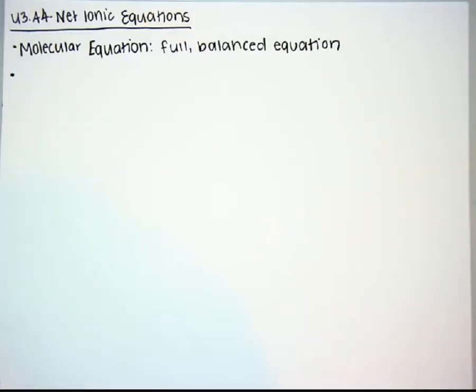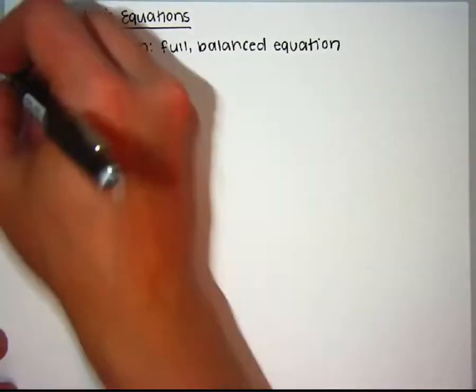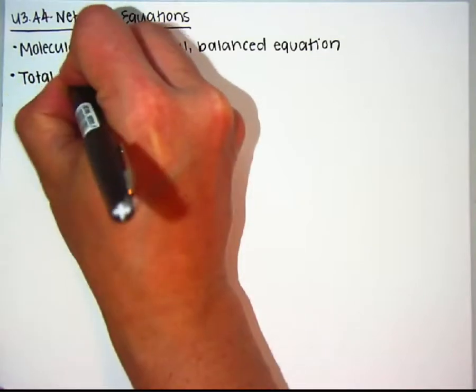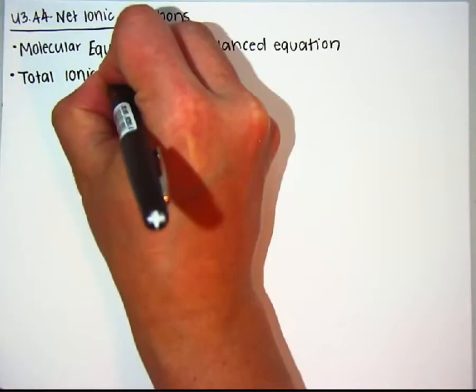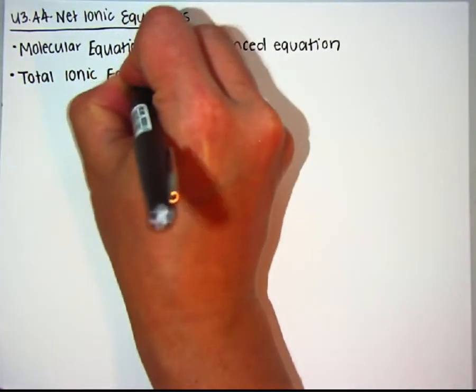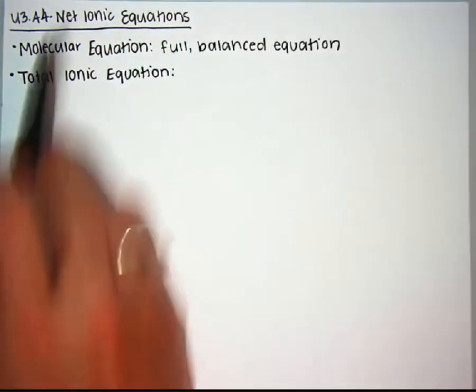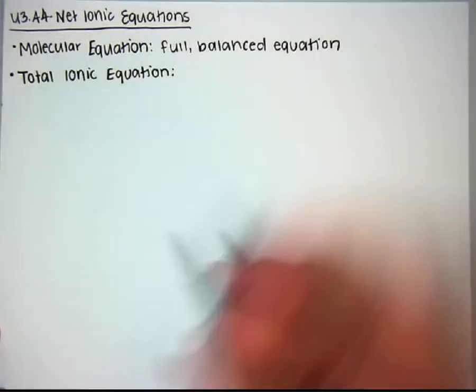We're always going to start with the molecular equation, and then we can break that down into what is called the total ionic equation. This is kind of like our transition step to get from molecular to net ionic.